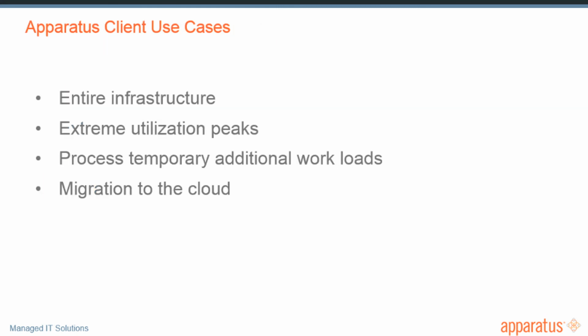And finally, a few Apparatus client use cases and how we're using AWS. Entire infrastructures. We have a client, an East Coast newspaper provider, and everything they do is in AWS. This includes auto-scaling.